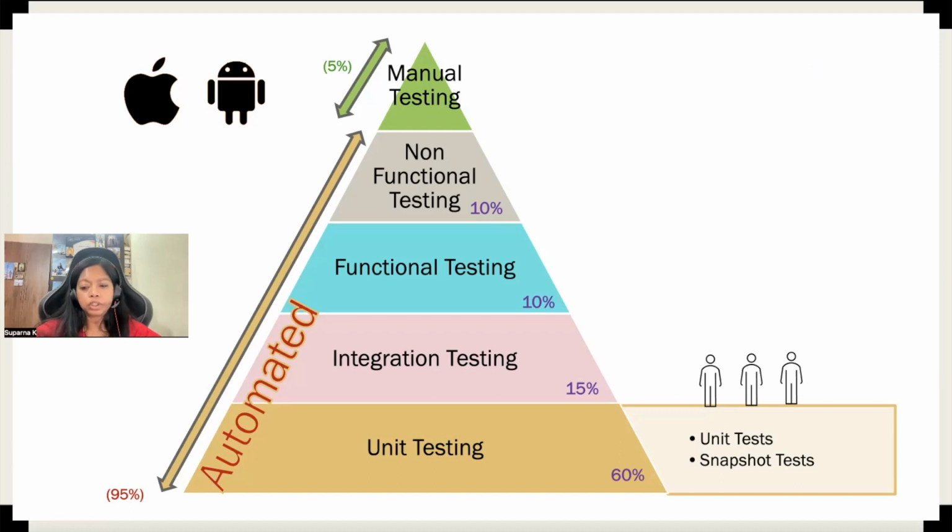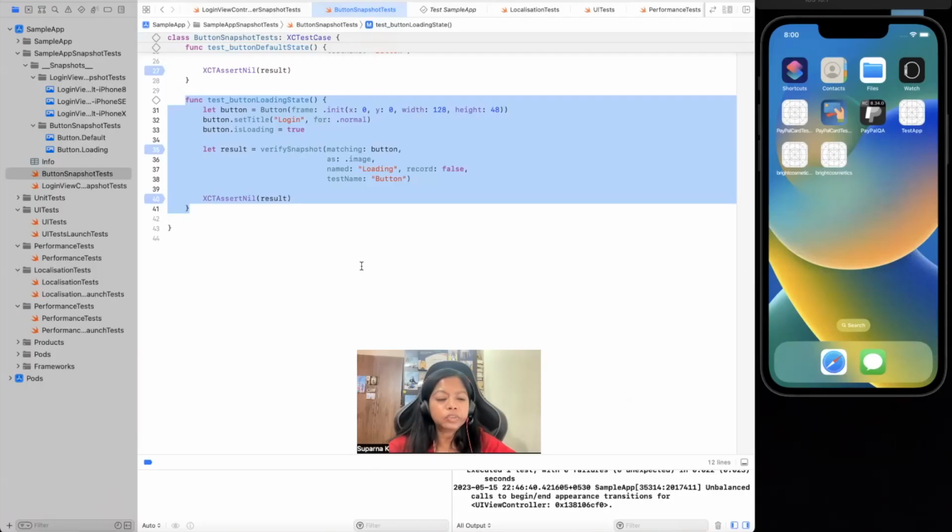In a snapshot test, apart from writing unit tests, if the developers or the QA community concentrate on snapshot or visual tests, we can save a lot of time in functional testing.